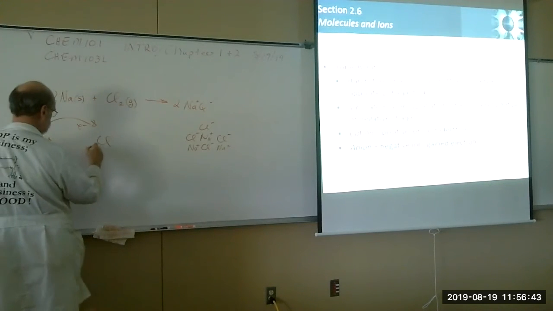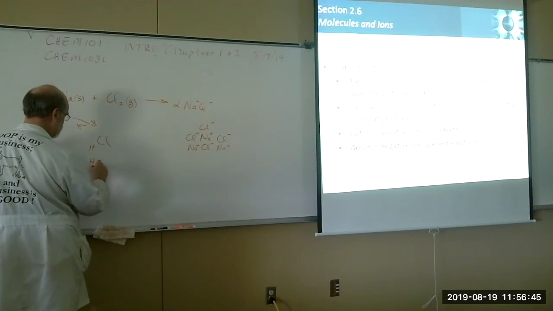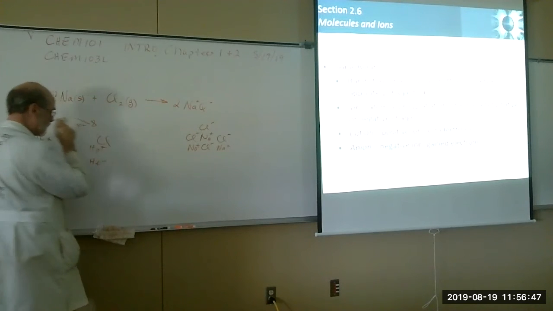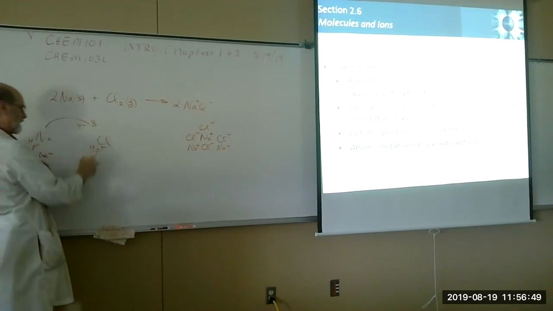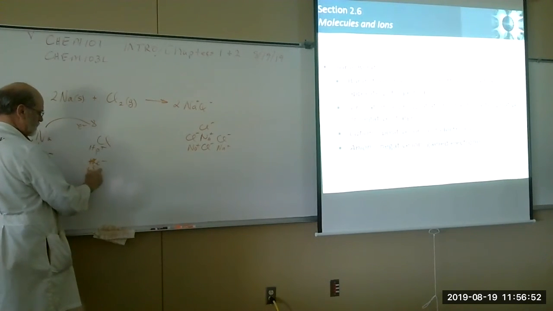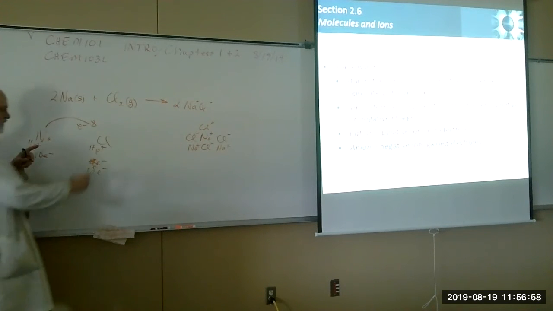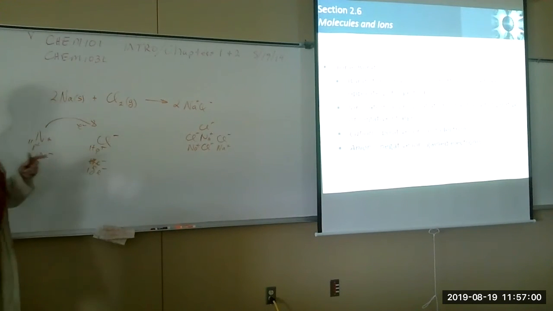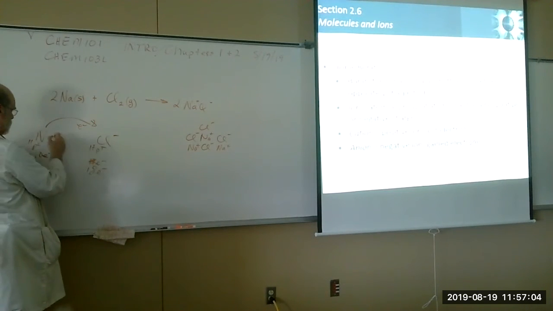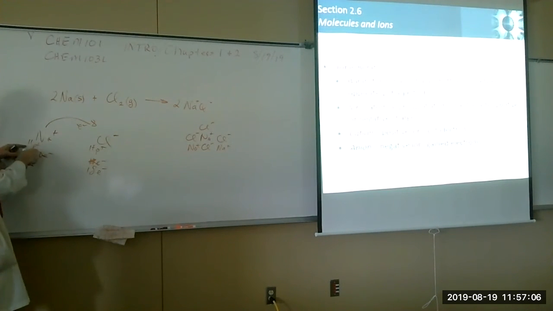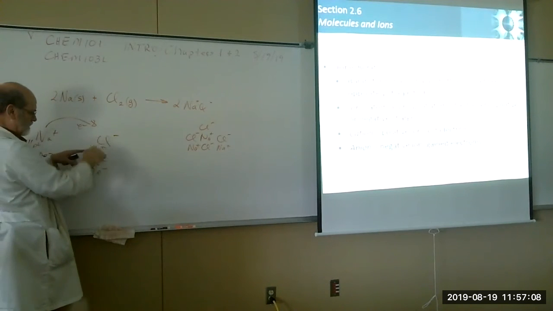Chlorine is 17. So that means it has 17 electrons, 17 protons when it's neutral. But if we add an electron, 18 electrons means we have an imbalance of 1 negative charge. Right? So now, that's where the charge is. So we transferred an electron from here to here, makes this one positive, makes this one negative.